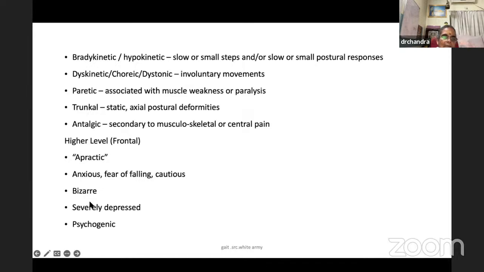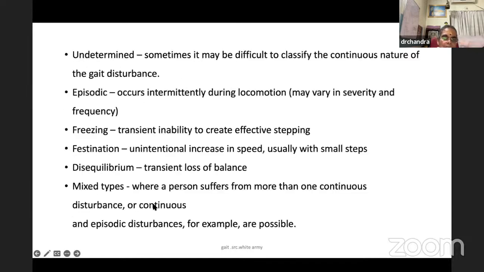Bizarre gait can happen in psychogenic and proprioceptive dysfunction. Severely depressed patients and psychogenic patients produce uncharacterized gait disorders. Sometimes they may be difficult to classify, and so they are called undetermined gait disorders. They may have more than one structure involved.